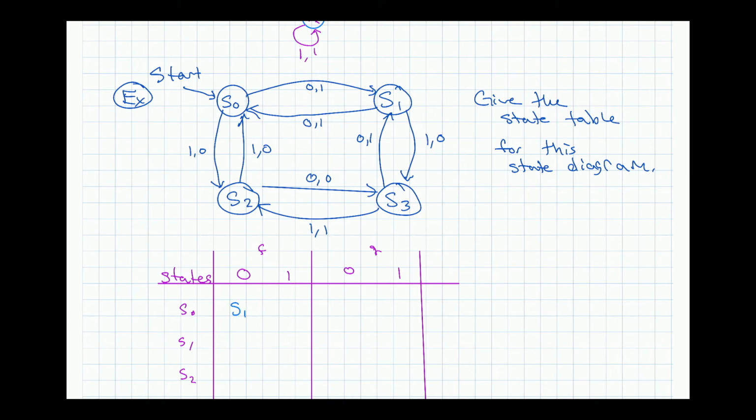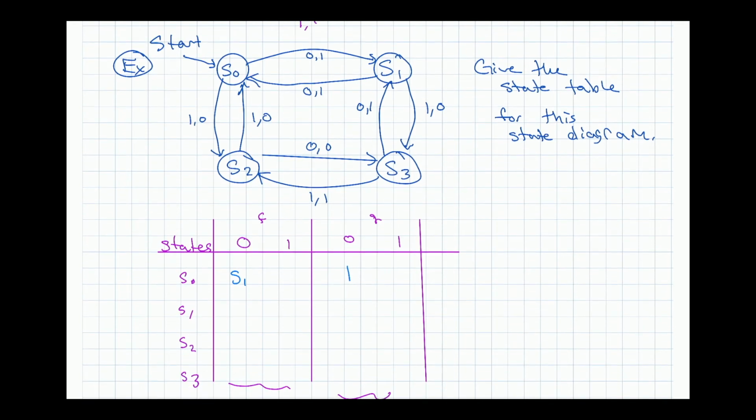That'd be right there, right? S0 input 0 gives you S1. But it also does another thing. It says S0 to S1 if the input is 0 and the output is 1. So you need to put a 1 in the corresponding box in G. Okay, so we did this one.